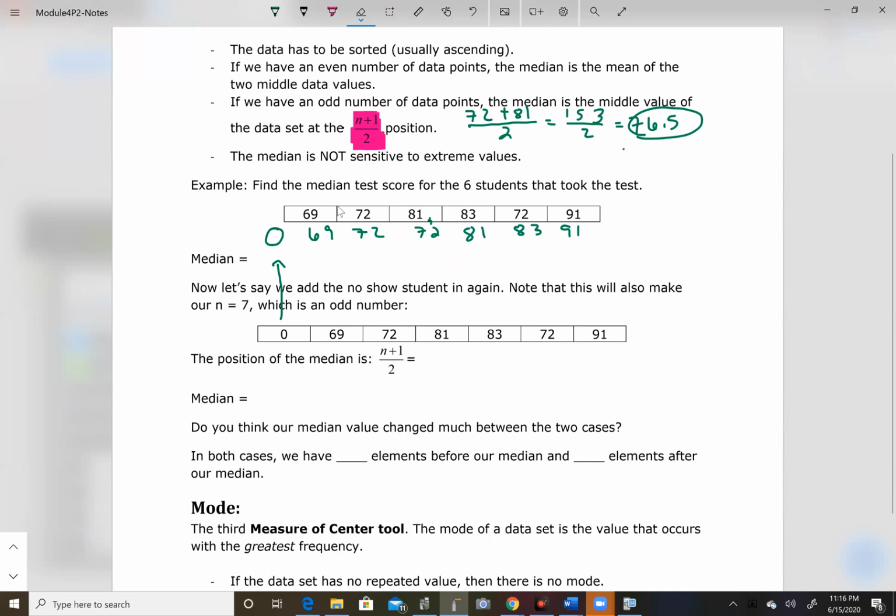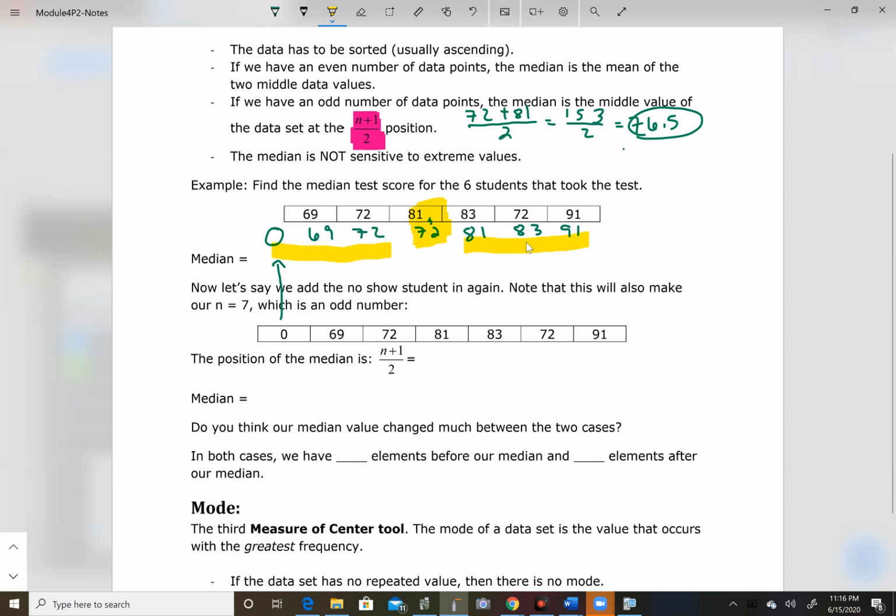In this case, if I have 7 students, an odd number, I'm going to be able to get a value right in the middle. So here, let me highlight 72. I'm highlighting 72 because that leaves me 3 numbers on the left-hand side and 3 numbers on the right-hand side. So 3 numbers above 72, 3 numbers below 72, but there's an actual number there. I don't have to find the average.